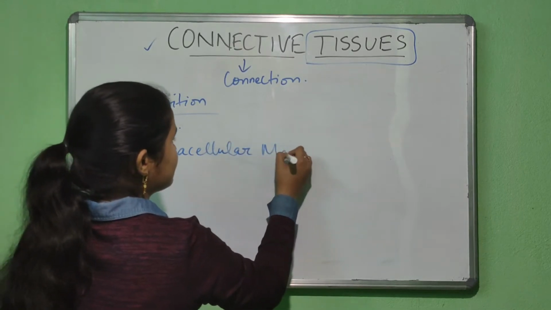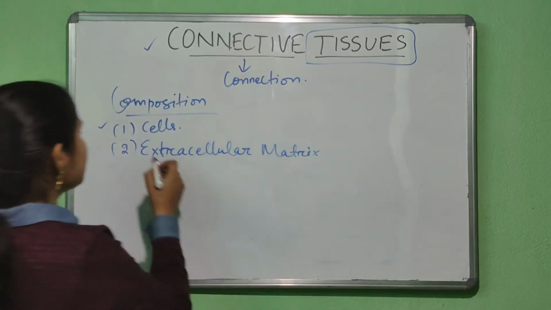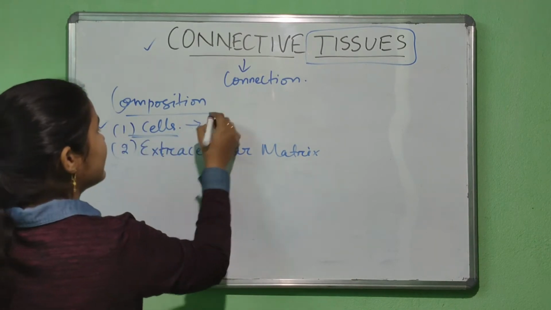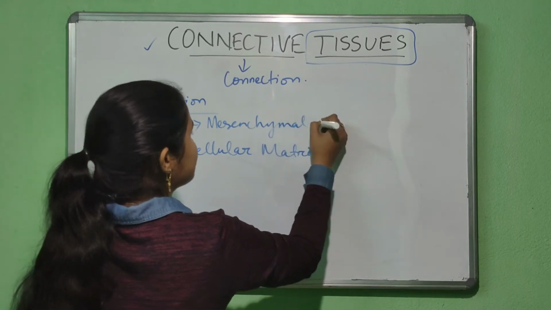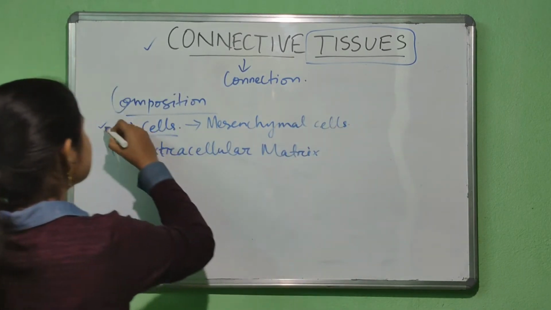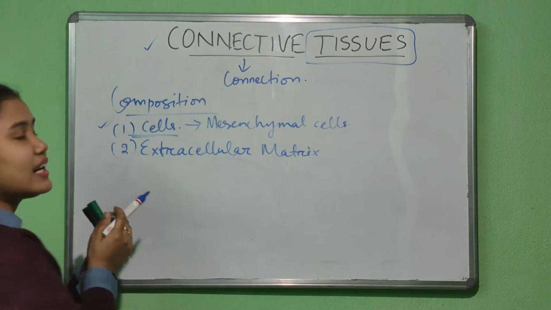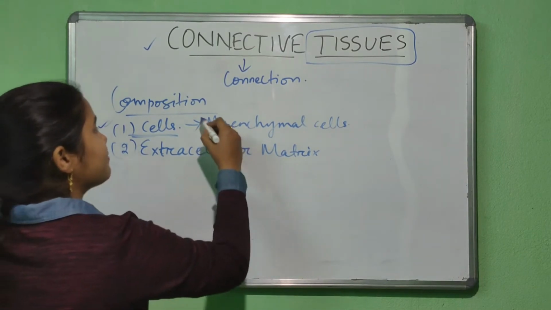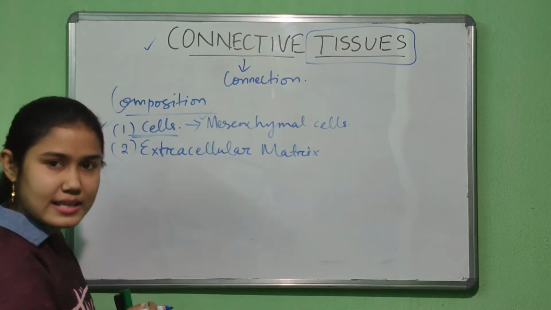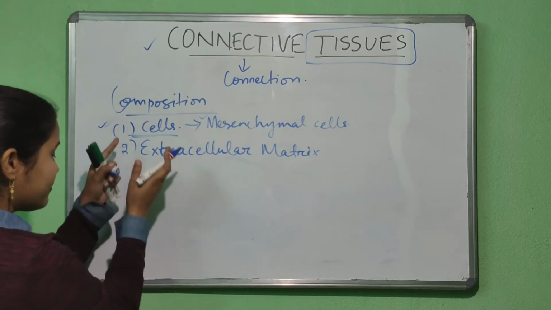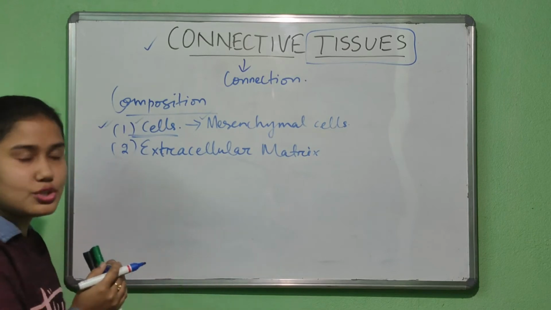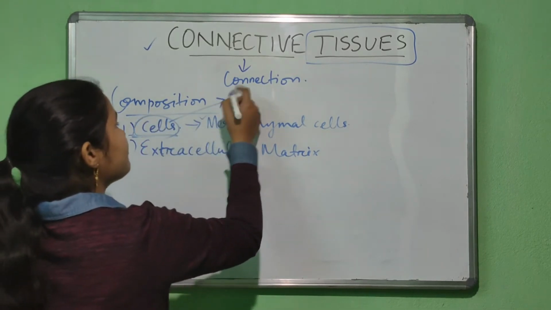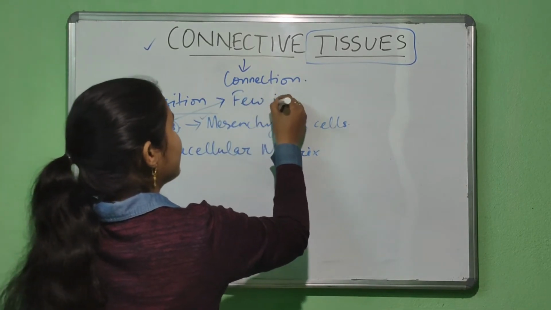These cells are derived from the mesenchymal cells. Remember this. The cells of the connective tissues are derived from the mesenchymal cells. And if we compare the extracellular matrix with the cells of the connective tissues, these cells are very few in numbers.